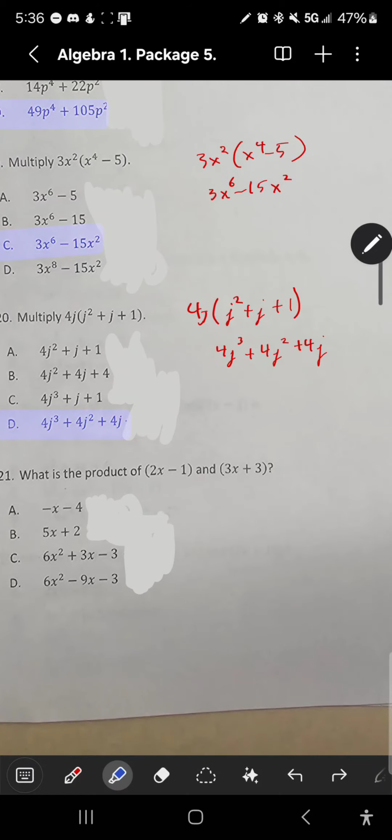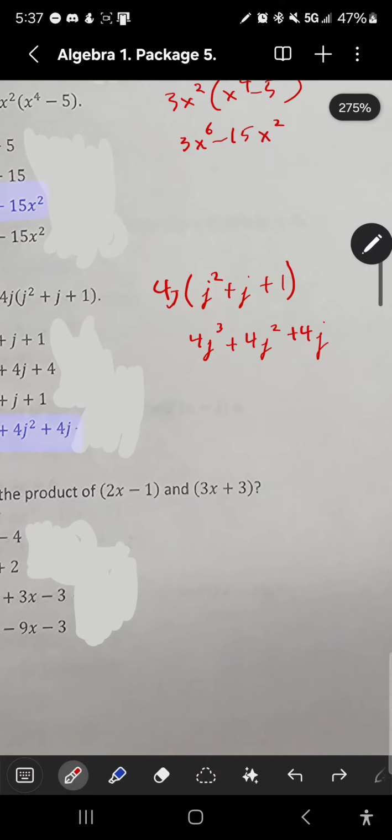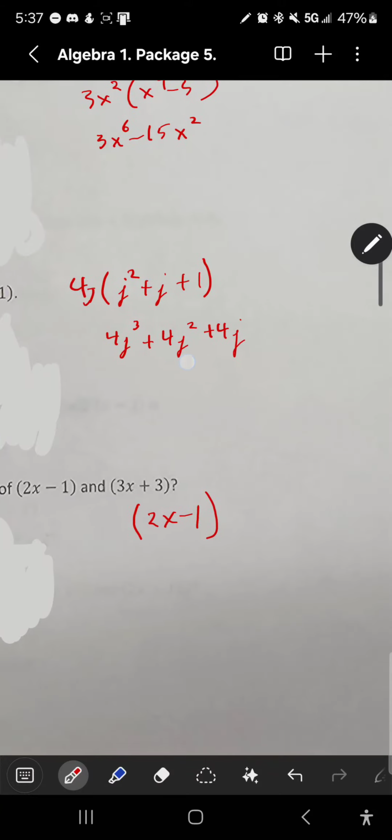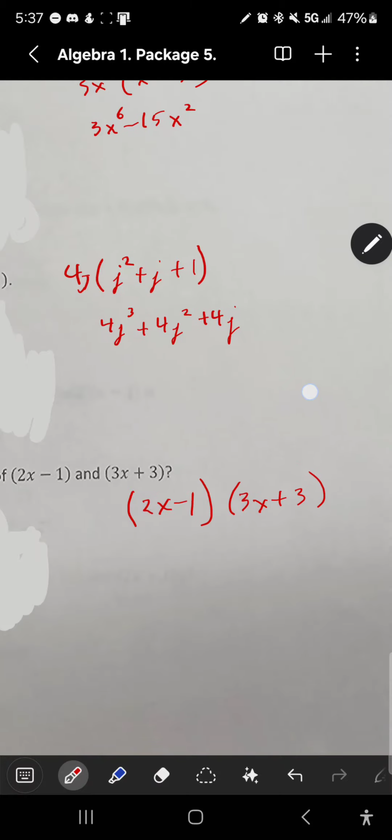Now let's say number 21. So the product of these two. When we're talking about the product, we're talking about multiplication. So let's look at that. So it will be 2x minus 1 times 3x plus 3.